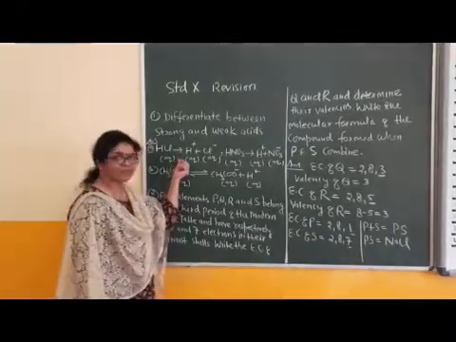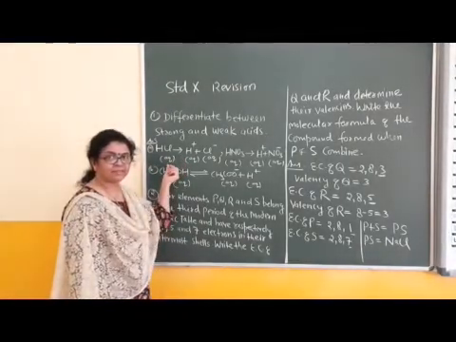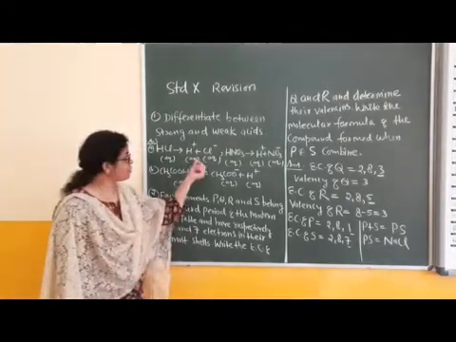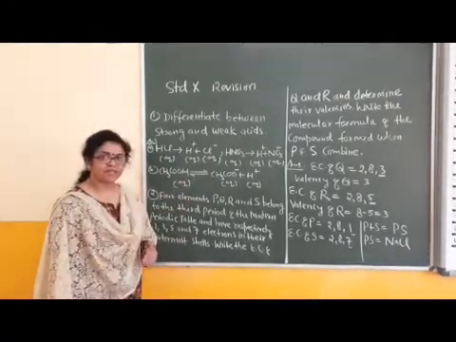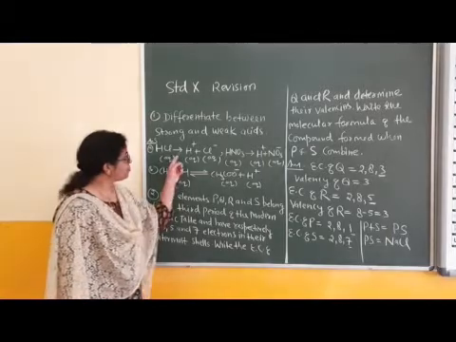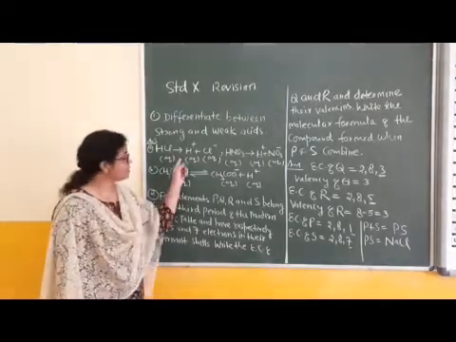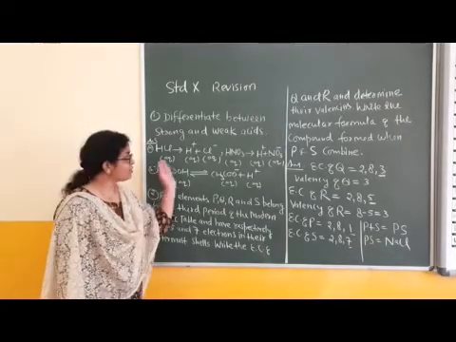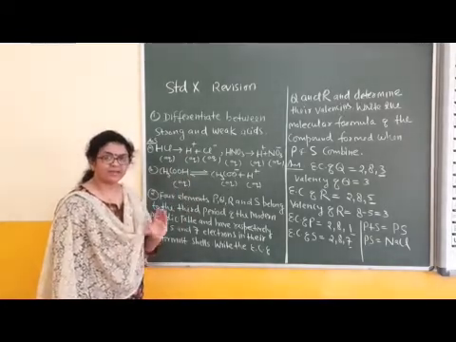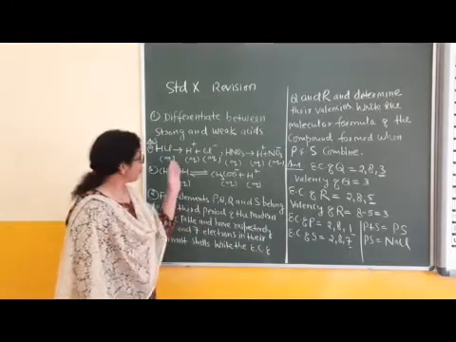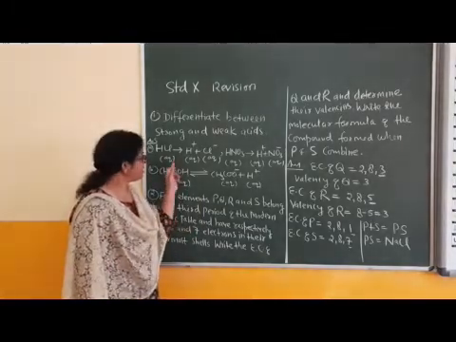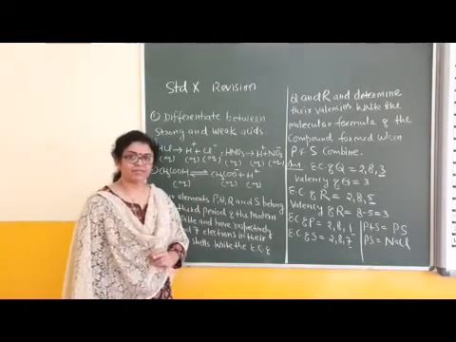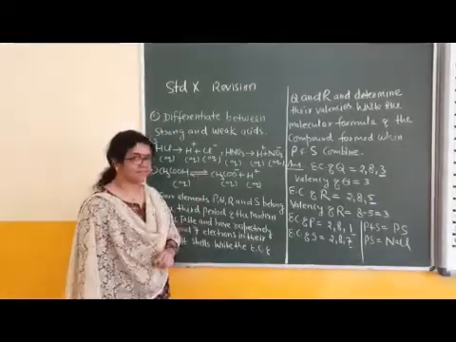Now, one example of a strong acid in aqueous solution: hydrochloric acid completely dissociates into ions, and complete dissociation is shown by one arrow. This is an irreversible, one-sided reaction. 100% dissociation of hydrochloric acid in aqueous medium into hydrogen ions or hydronium ions and chloride ions.